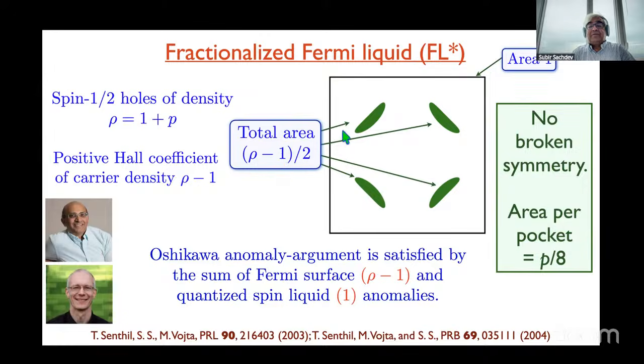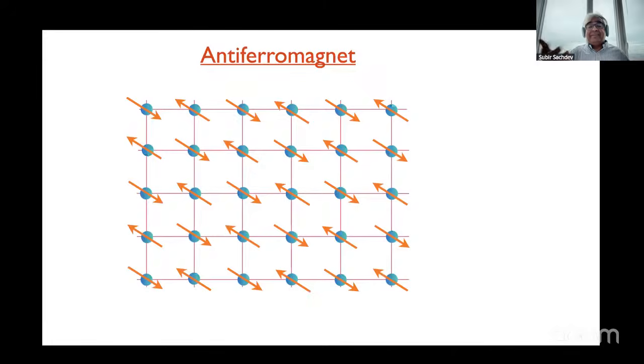And so therefore, the total area of Fermi surfaces in this fractionalized Fermi liquid state, which has at least a background spin liquid, if you wish, must be rho minus 1. And therefore, the area per pocket, because of the factor of 2 for spin, should be P over 8, as I've already mentioned before. So now let me give you a very simple pictorial representation of this kind of state.